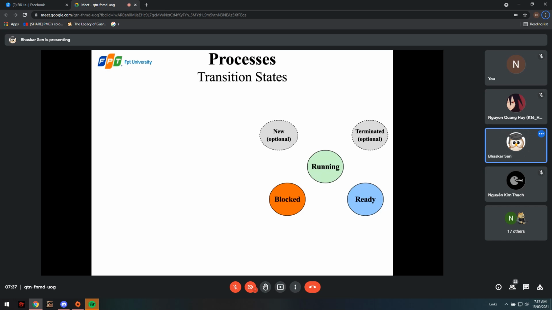So the point is, it is currently blocked and the operating system wants to terminate it. In that scenario, how will this process, which is currently blocked, get transitioned to the terminated state? How will it happen?